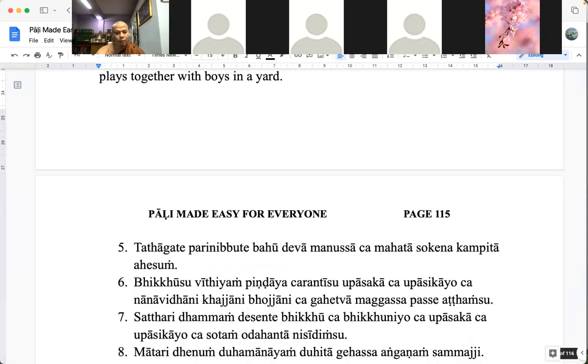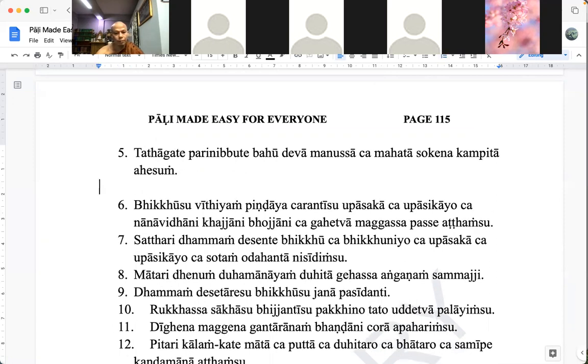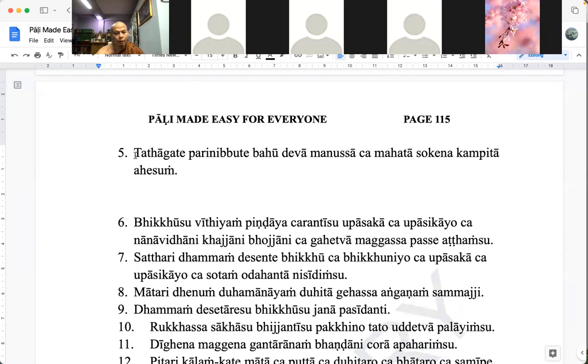Okay, and now number 5. Here in number 5, Tathagate Parinevu De Bahu Dewa Manosa Ja Mahata Sokena Kambita Aheso. Here also, the Tathagata with the locative case. Parinibbute, that is a past participle also with the locative case, that is a locative absolute construction.